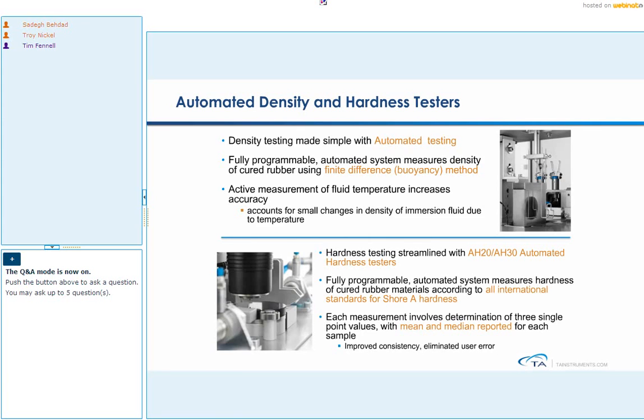And then the software will automatically store all those values and report the mean and median for each specimen. So this way you can set pass-fail criteria for your samples, and the software will do the analysis for you.